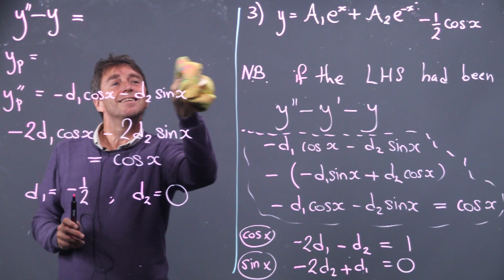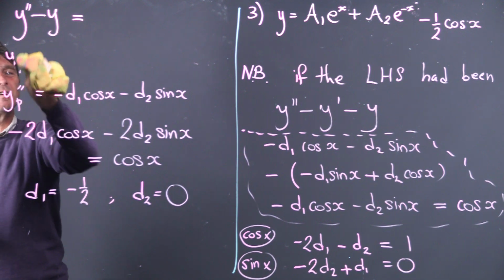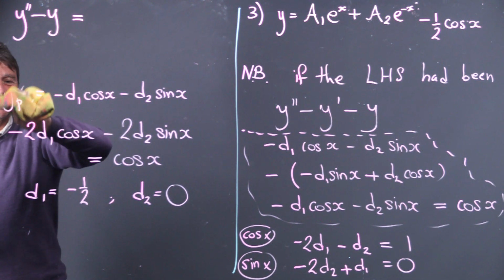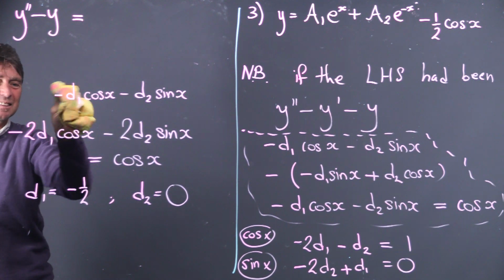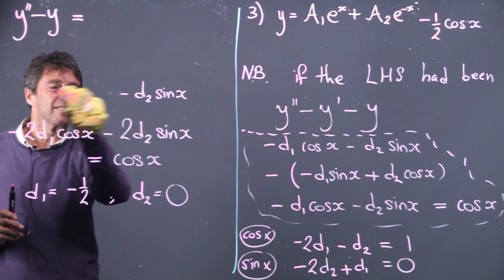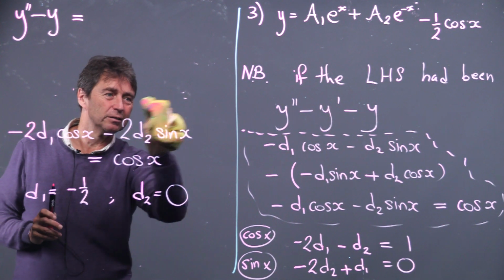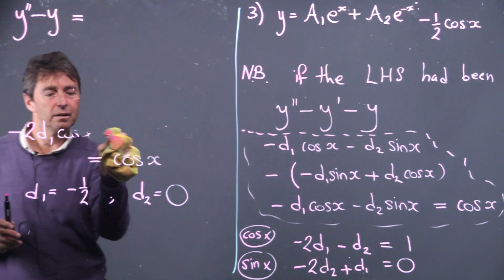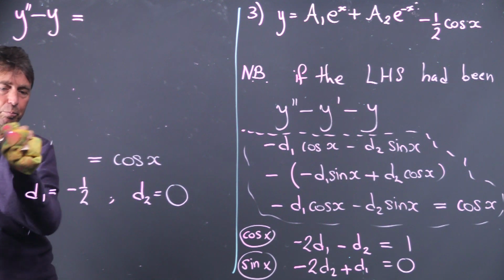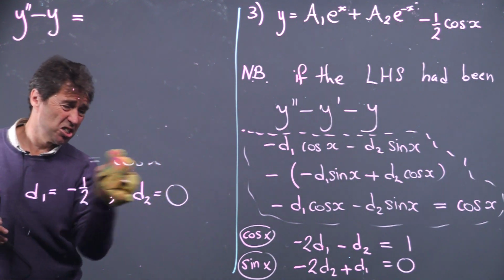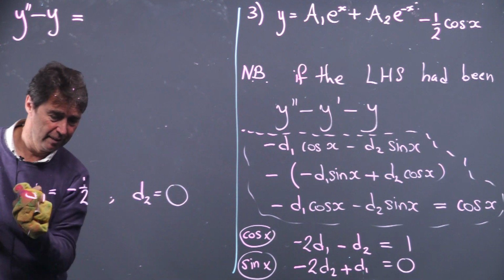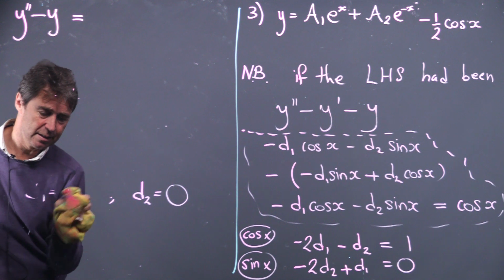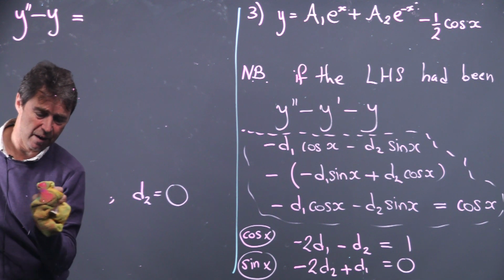So far, aside from this issue of one derivative turning a sine into a cosine or a cosine into a sine, it's simply a question of staring at what your f of x function is, the right-hand side, and then essentially putting in a guess which is the same sort of function. That's how it's worked. So there's one instance where that can go wrong.